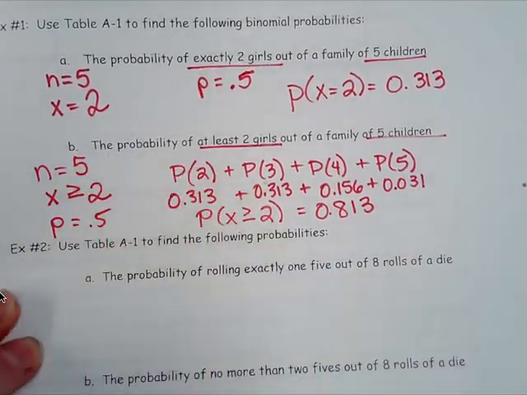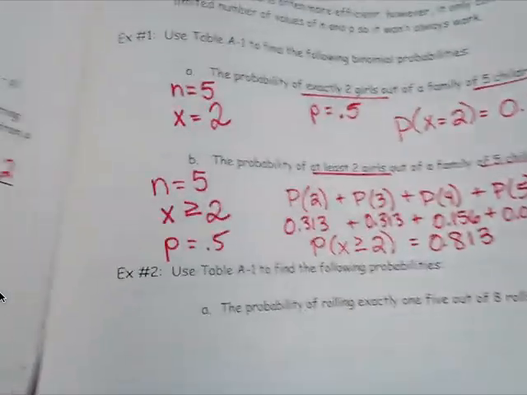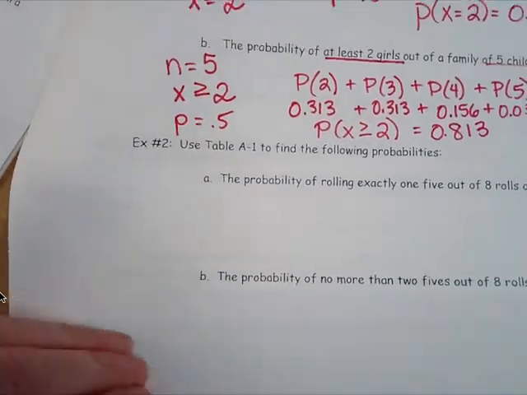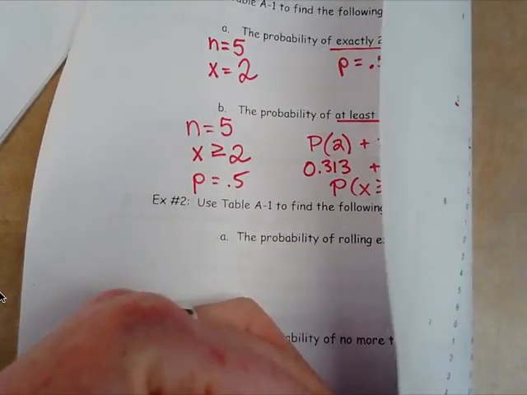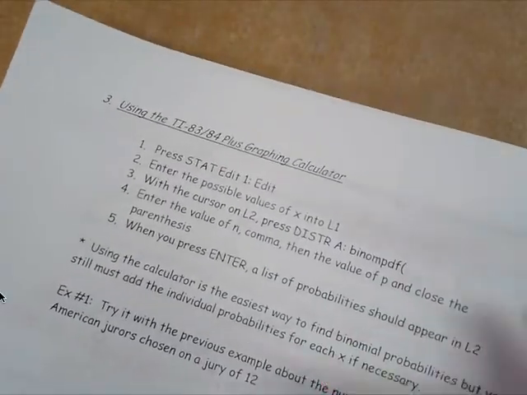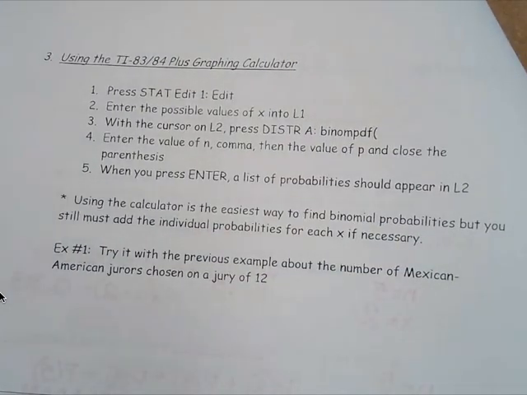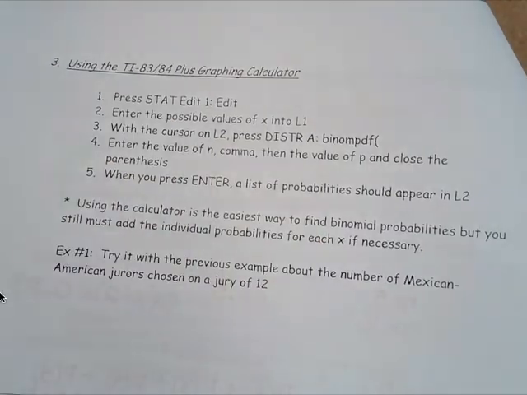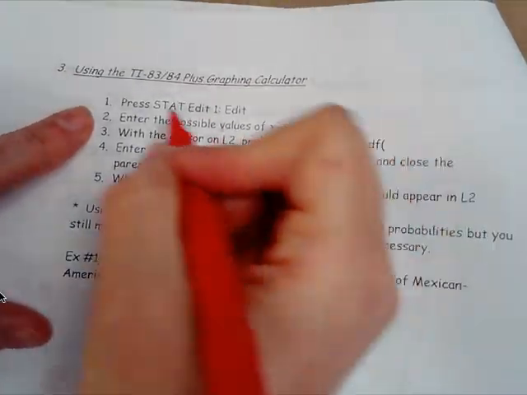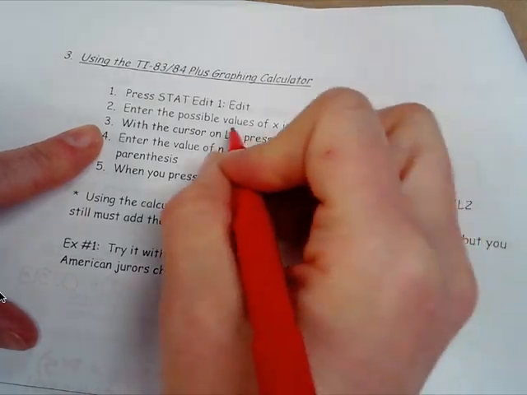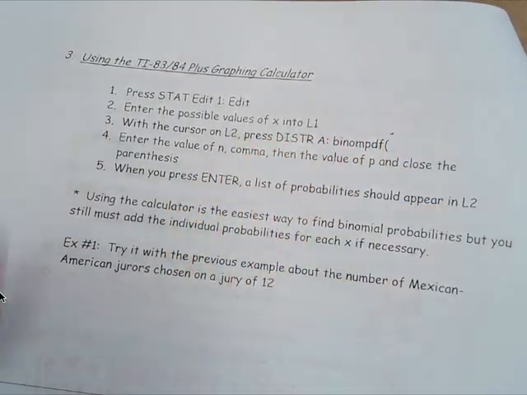Okay, we're not going to do that. There is a way to use the calculator, though. That's the third way. Yay, calculator, right? So look at number 3. Using the calculator, you go to stats. We're not going to do that. We're going to do binomial PDF distribution.